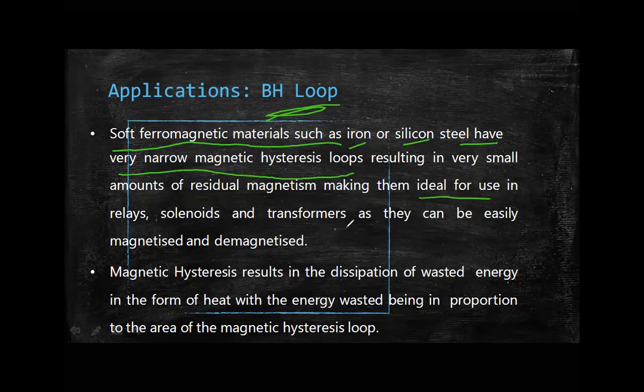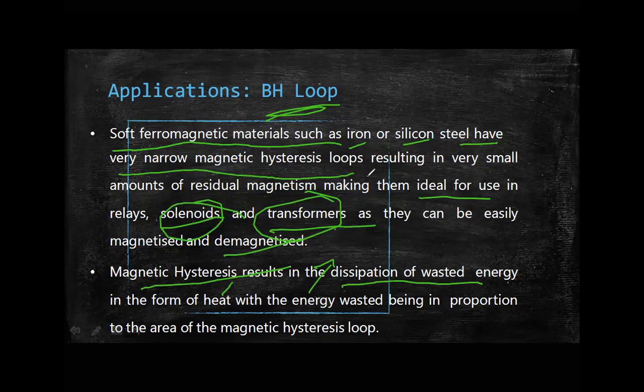These are ideal materials to use in solenoids and transformers. Magnetic hysteresis results in dissipation of wasted energy in the form of heat. So if the energy loss is less, it is a good material.